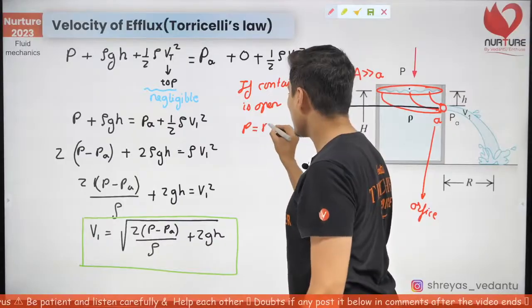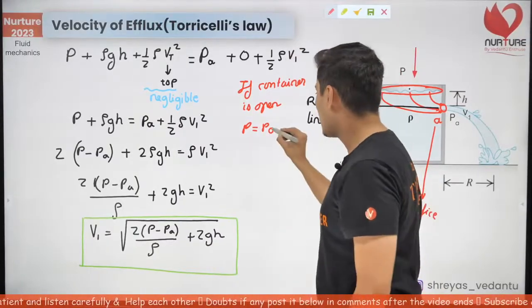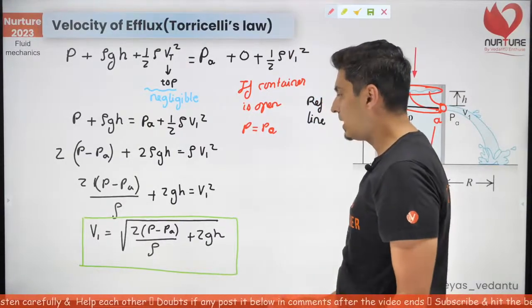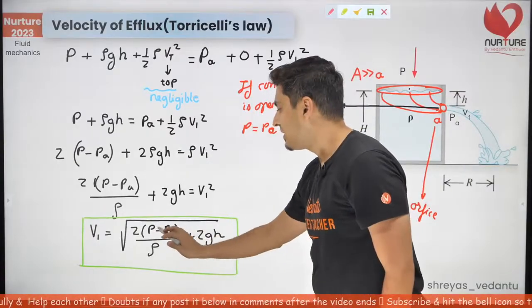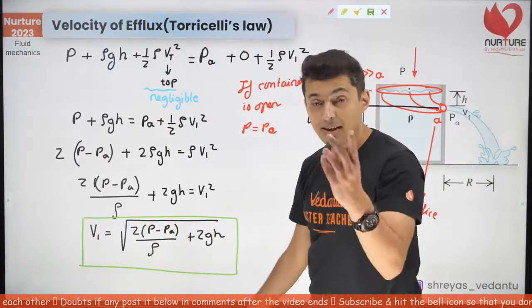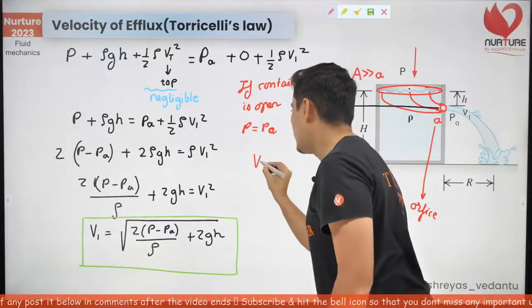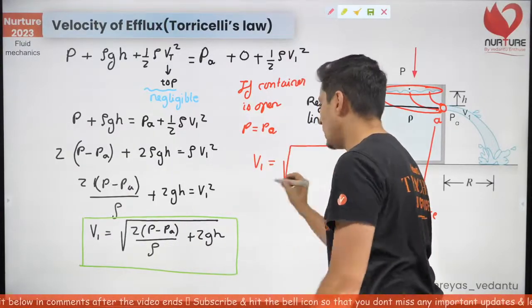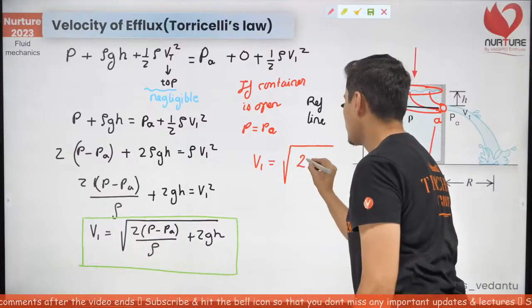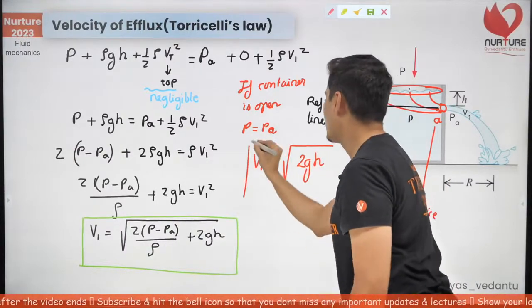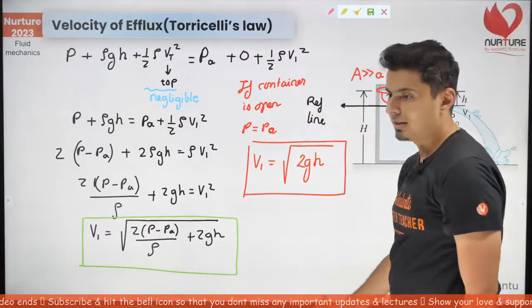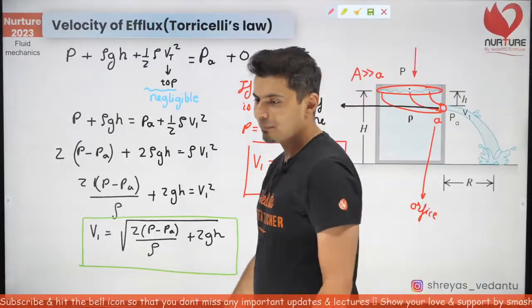This P will be equal to P naught, or the atmospheric pressure, PA, whatever you want to call it. If these two numbers are equal, the subtraction will be 0. So this entire term will vanish, and therefore V1 will become the root of just this term, which is just 2GH. That's what you're going to get. Done.